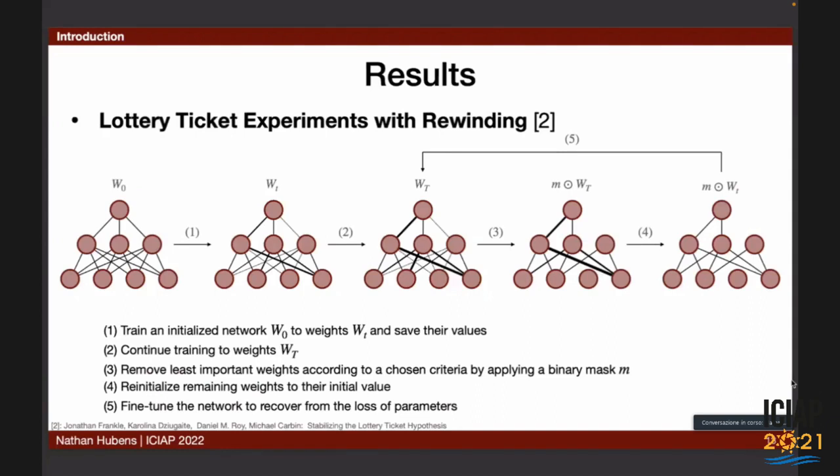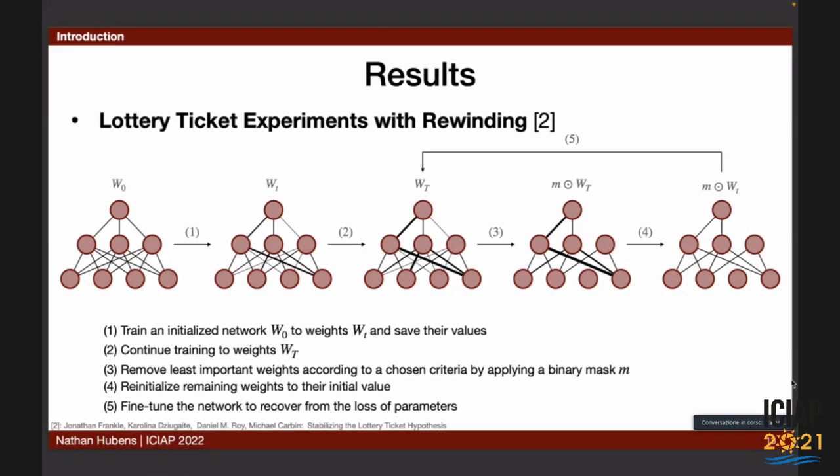We also conduct another experiment based on the lottery ticket hypothesis, which I don't know if most of you are familiar with, so I will explain briefly. The lottery ticket hypothesis has been proposed very recently and goes as follows. In most neural networks, there exists a subnetwork that is at least as efficient and can be trained at least as fast as the complete neural network, as long as it starts from the same initialization.